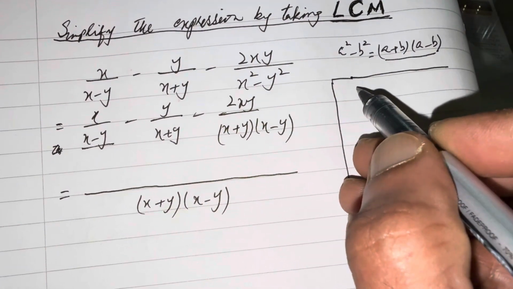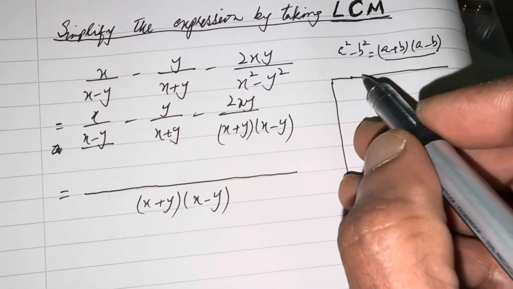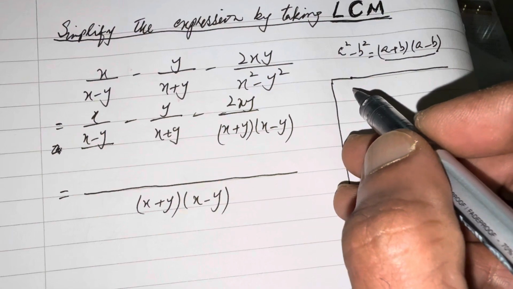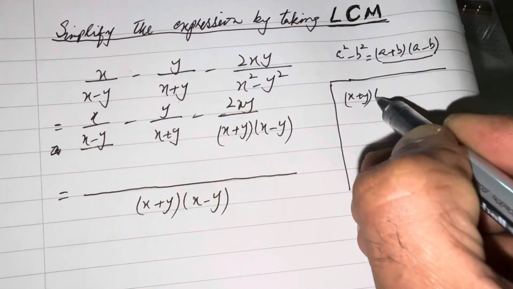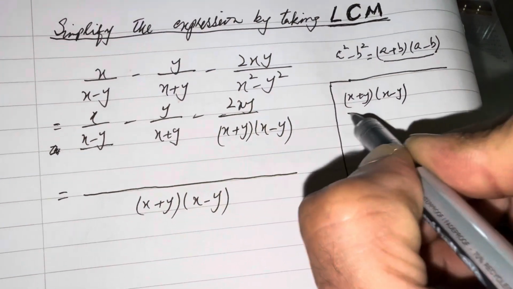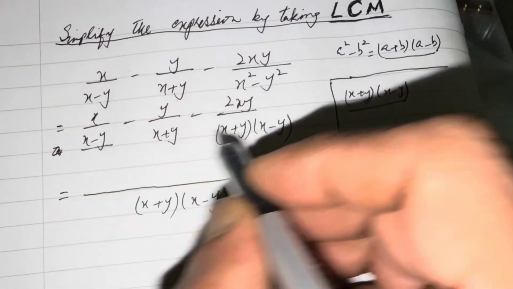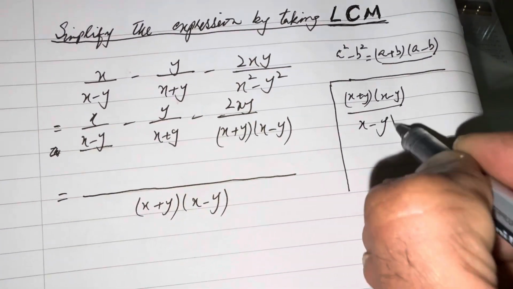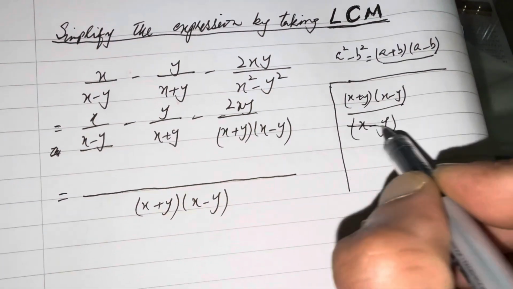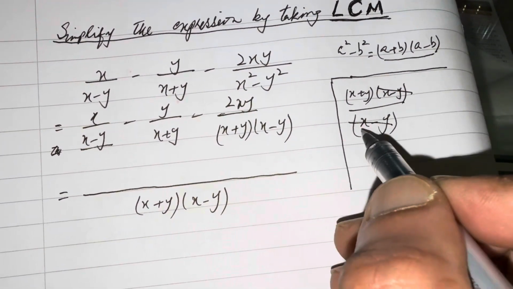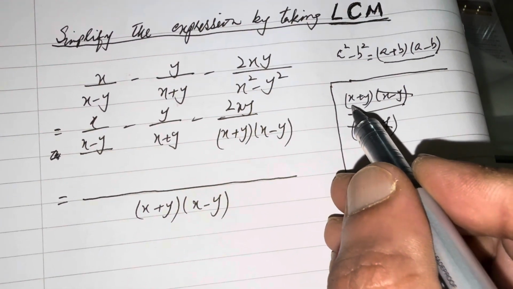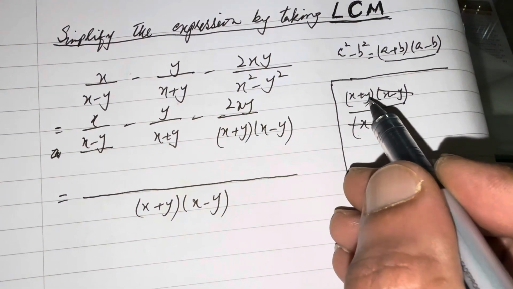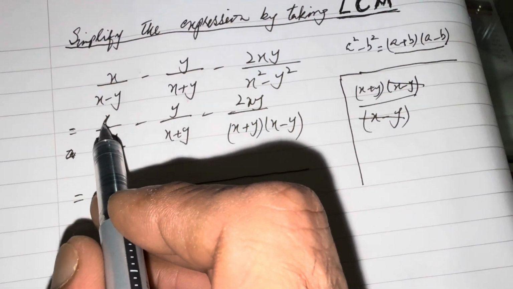So how can we use the method to solve the situation, that x plus y into x minus y divided by this denominator x minus y. So this will cancel with this one, x minus y और x minus y cancel हो जाएंगे, जो बच जाएगा x plus y वो multiply होगा numerator के साथ.